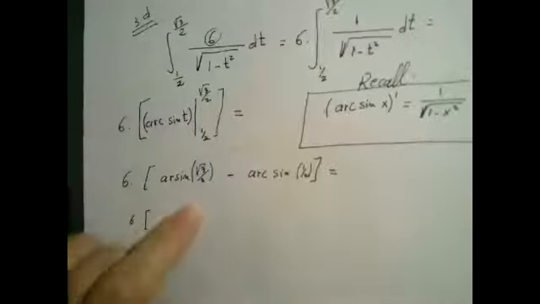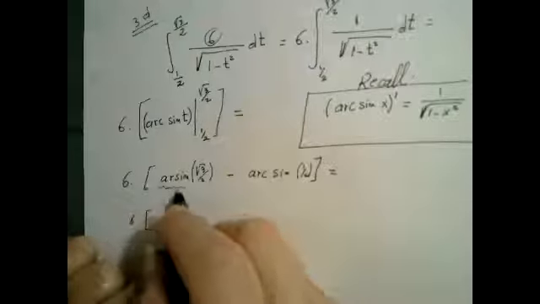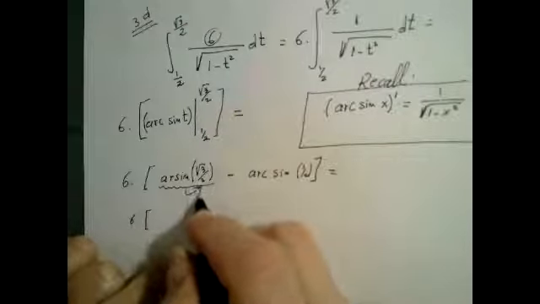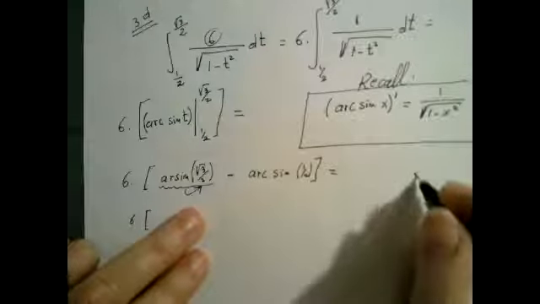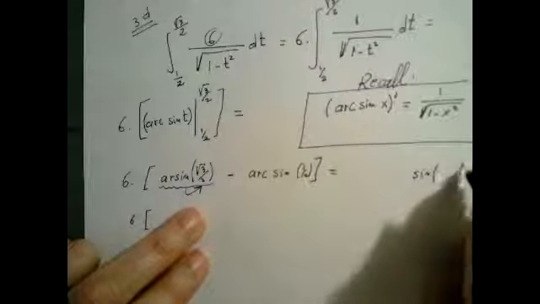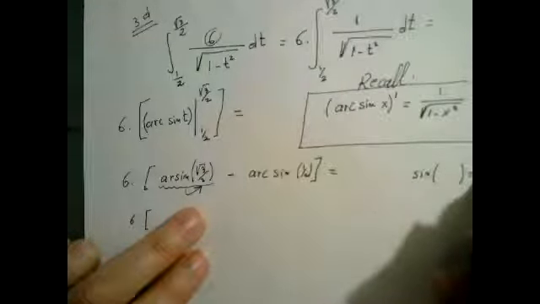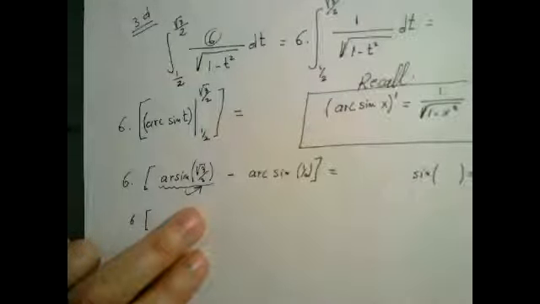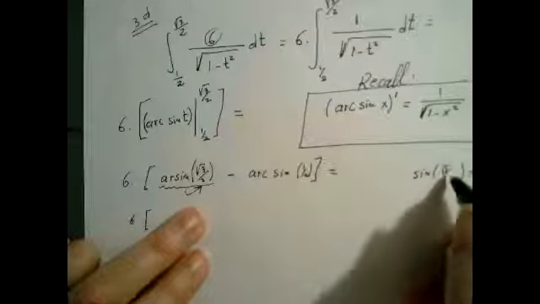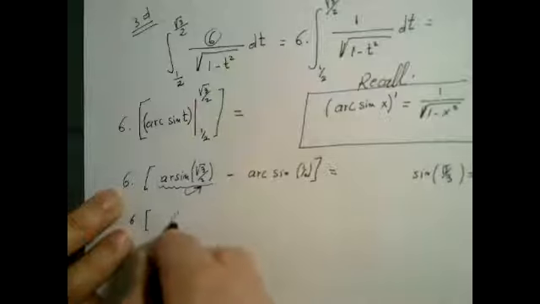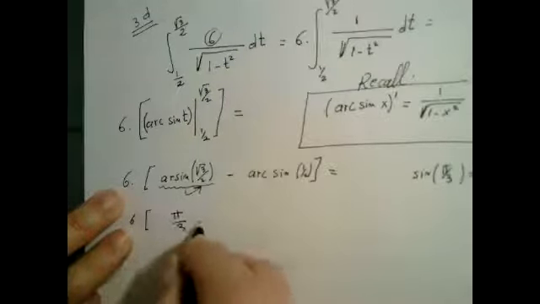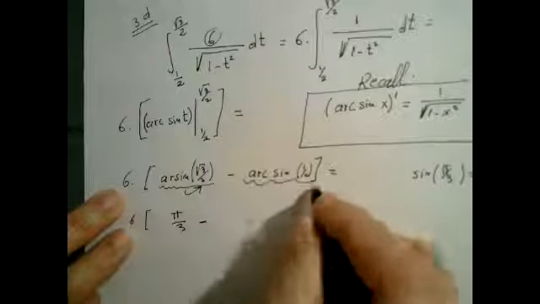Now, arc sine square root of 3 over 2, that's going to give me the angle whose sine is the square root of 3 over 2. So let's remember, the sine of what is the square root of 3 over 2? You guys remember? Pi over 3. So this is pi over 3 minus arc sine 1/2.